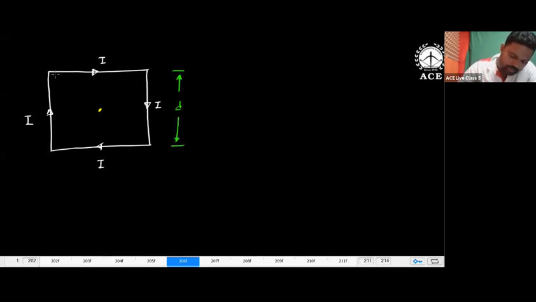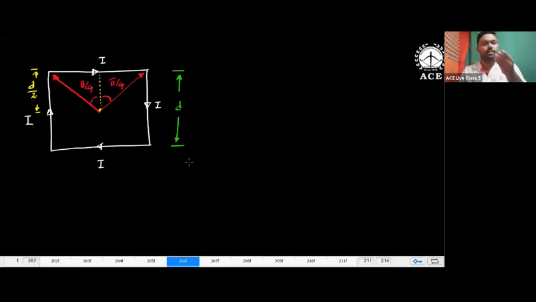What is the angle made with respect to the corners, this corner and this corner? It is pi by 4. This angle is also pi by 4, beta.